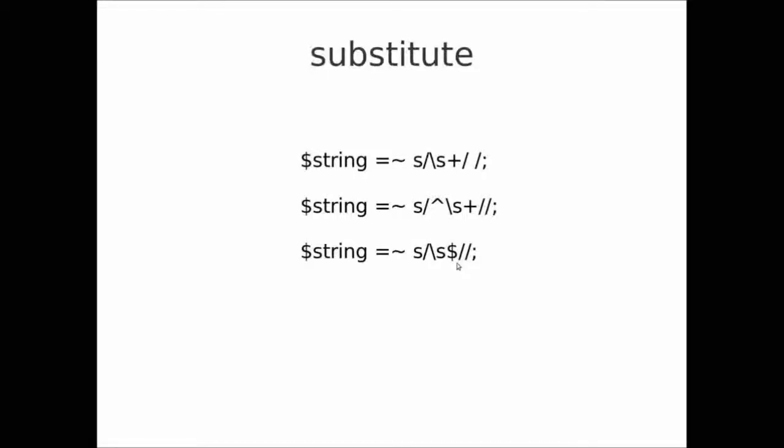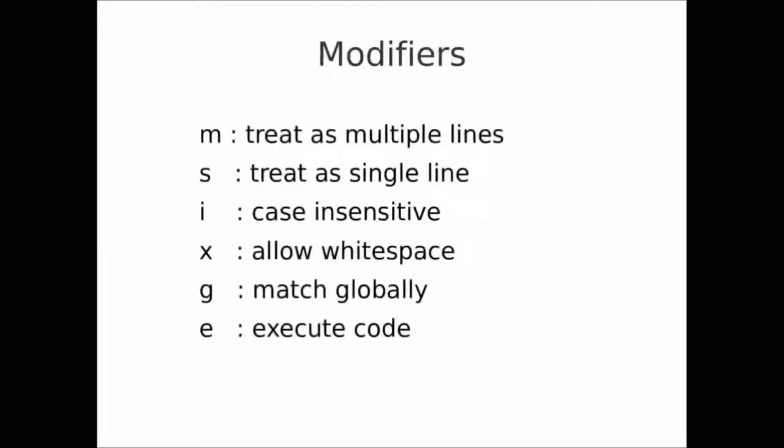So we have some modifiers that we can also apply to regular expressions, just like in other languages. We can read a whole file and treat that as multiple lines, matching each new line as a line break. By saying /s at the end, we can treat as a single line. That means match a new line as a single character.